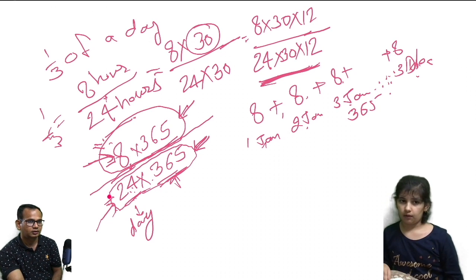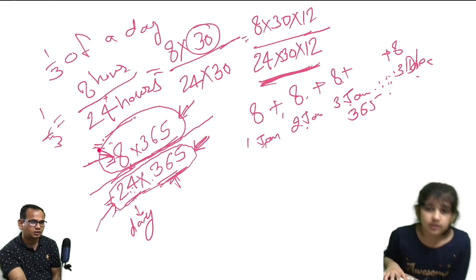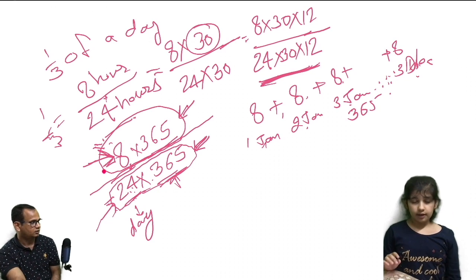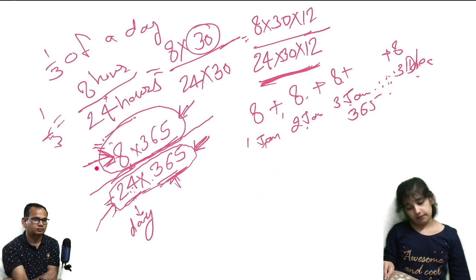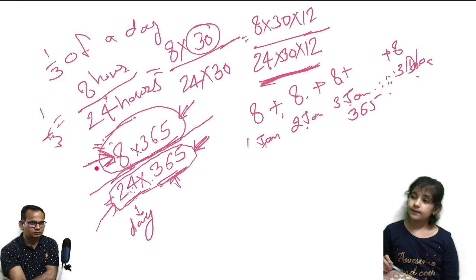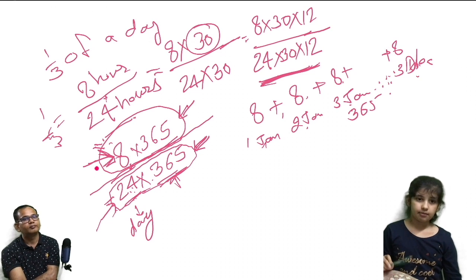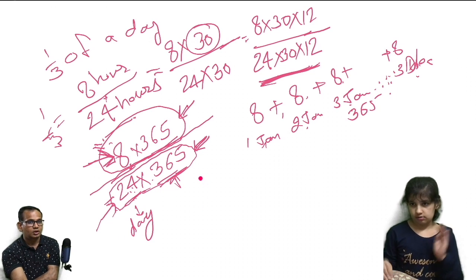If we want to find out how many hours there are in a year, we find 24 multiplied by 365, and of those hours, how many we sleep is 8 multiplied by 365. So this is a fraction.